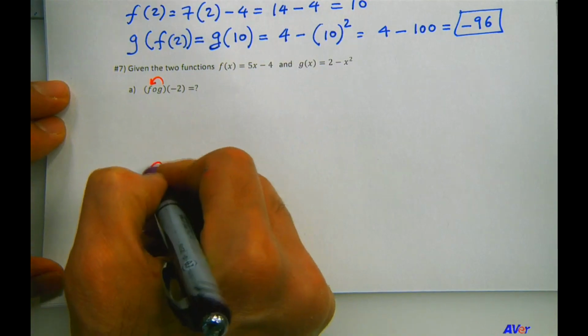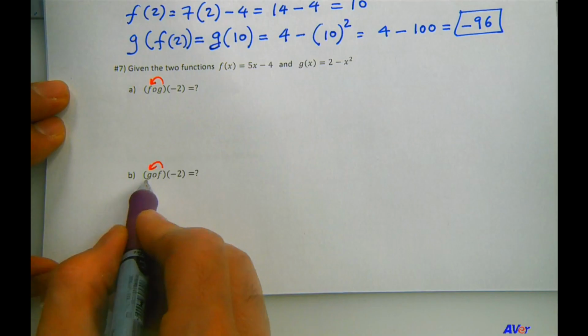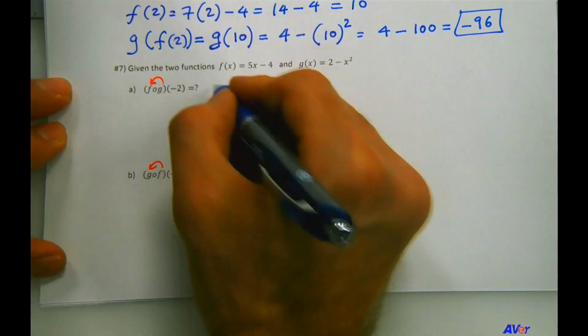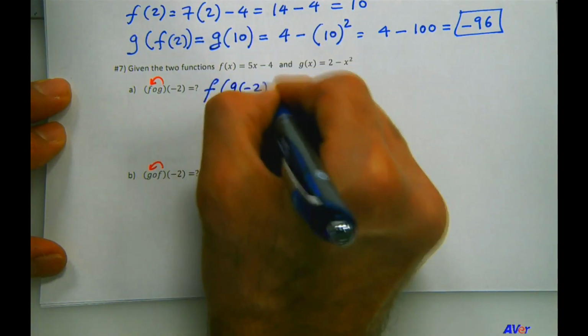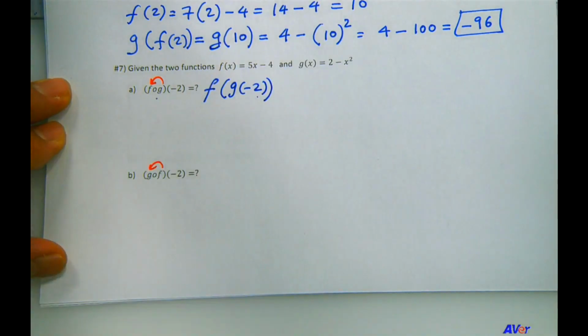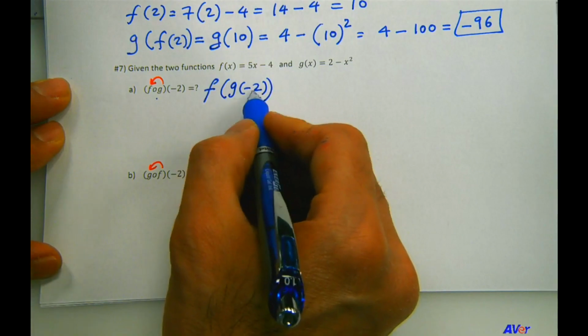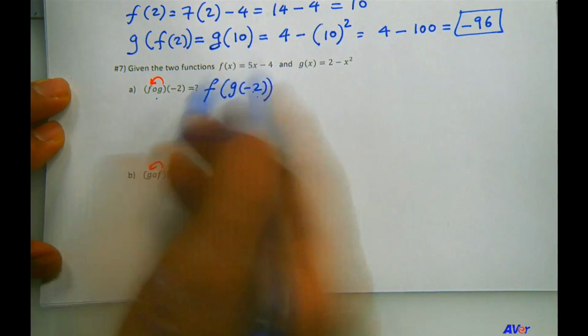So here g goes inside f, here f goes inside g. So what we're really asking here is the composition of f at g at -2. These two notations are exactly identical. So let's first find what g at -2 is, and then we're going to substitute that for x inside f.